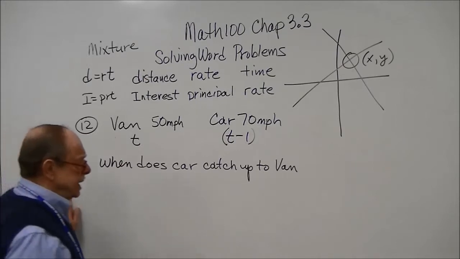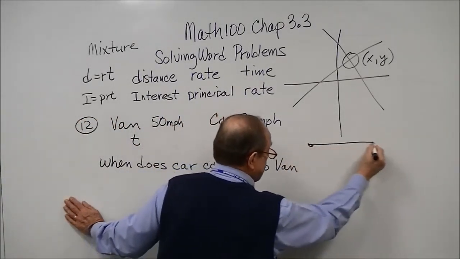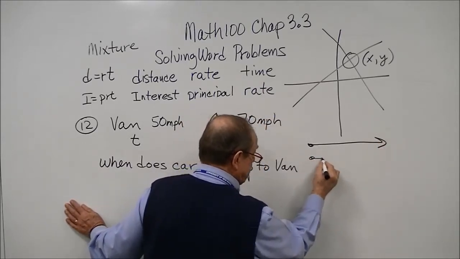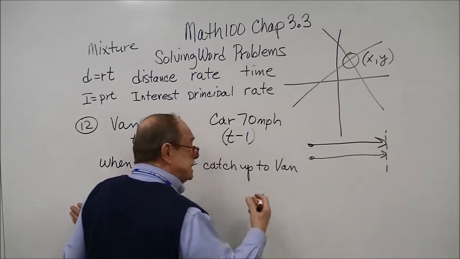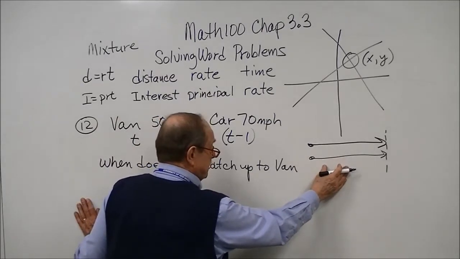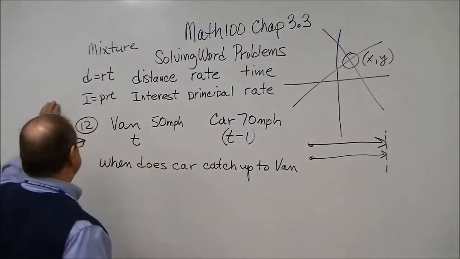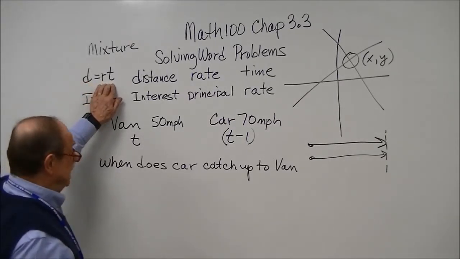Now, to sort of understand this, we have a van leaving, and then a car leaving, and we're looking for where the distance they travel is the same. So we look now at the distance formula. Distance is rate times time.